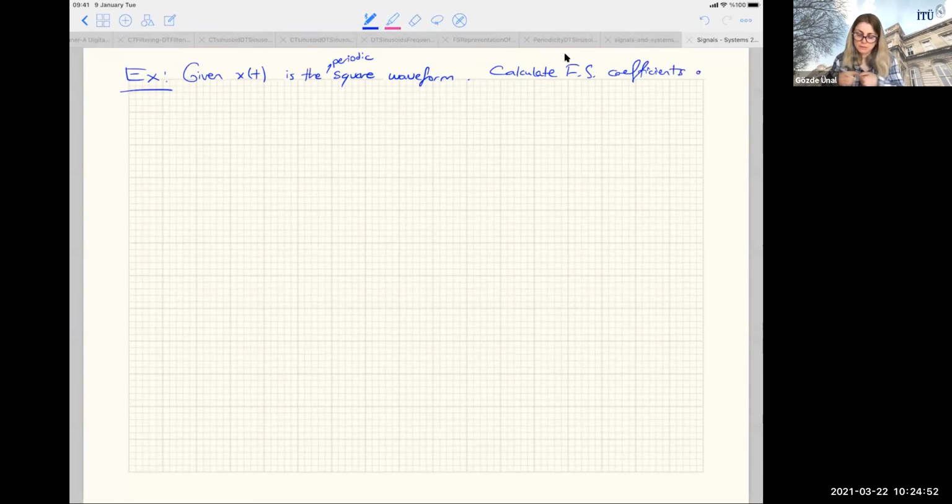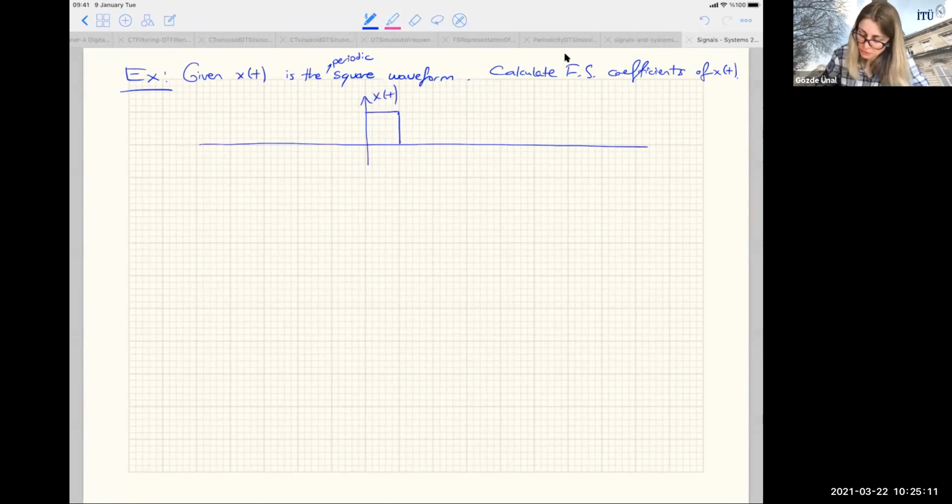So guys, now I'm giving it just as a plot actually. Let's say this is my x of t in the time domain. It's a periodic signal. This was 0.02, and it repeats itself, of course, because it's periodic.